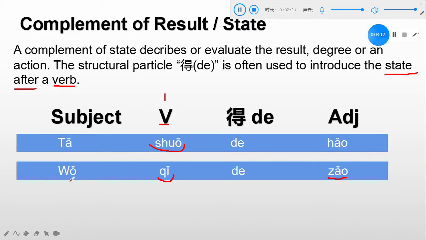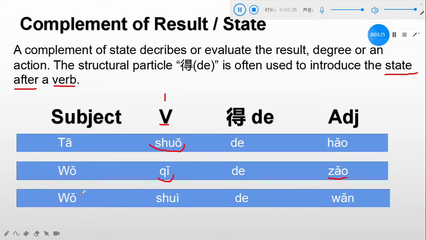So I get up early. Alright, example 3. 我睡得晚。睡 equals 睡觉, but see, a single verb, so we use 睡.